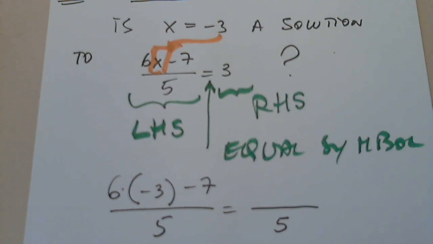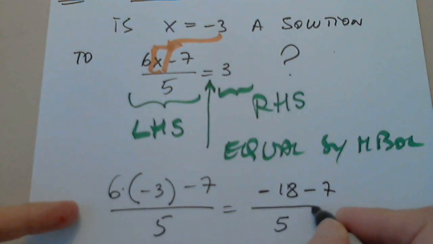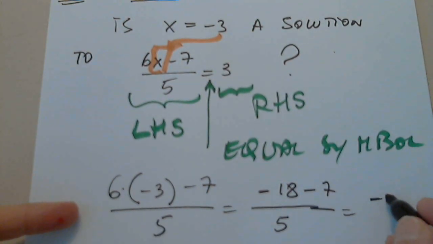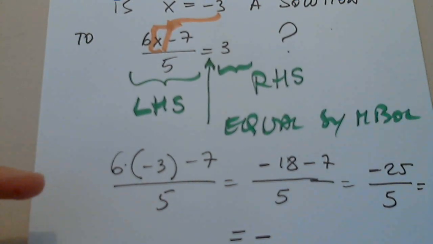Anyone, please? 6 times -3. Very good, which is -18 and -7. So the numerator is -25, the denominator is 5. We always take care of the sign first and then divide. 25 divided by 5 is 5.